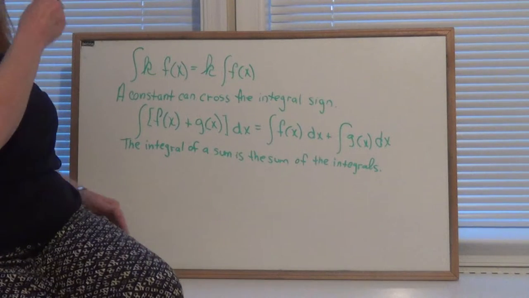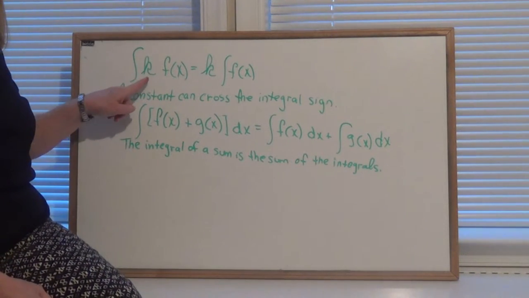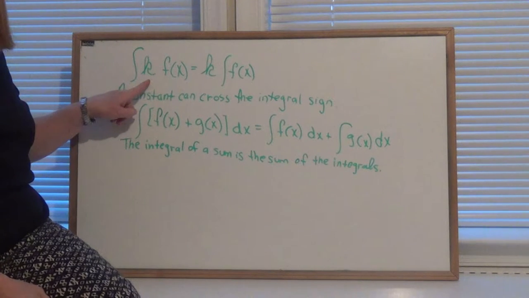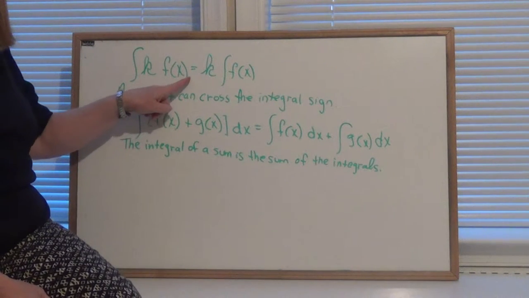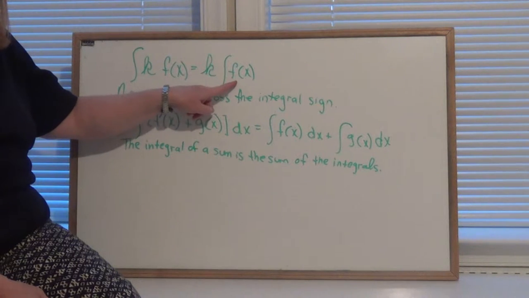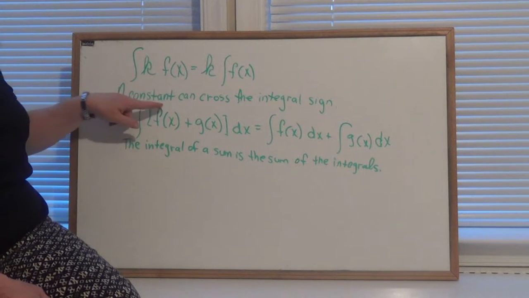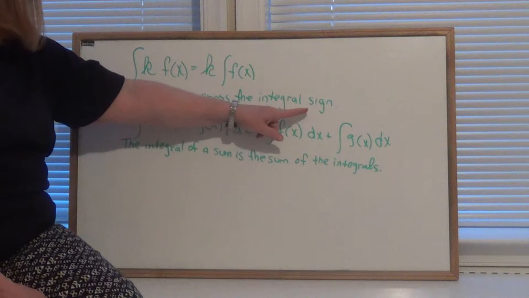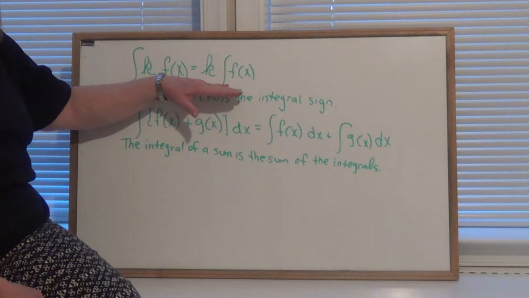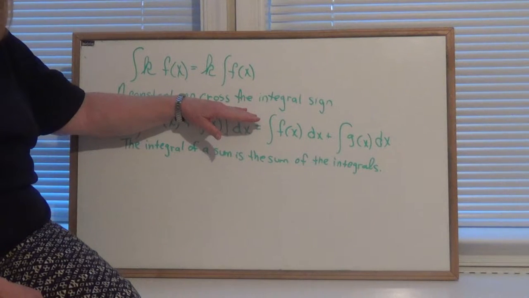Here they are: the integral of k, standing for a constant, times a function, is equal to the k outside of the integral sign times the integral of the function. In other words, a constant can cross the integral sign. So write that in your notes mathematically, and then in words as well.